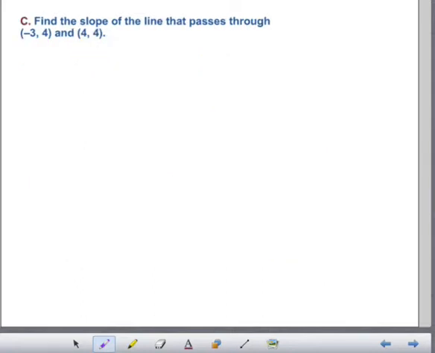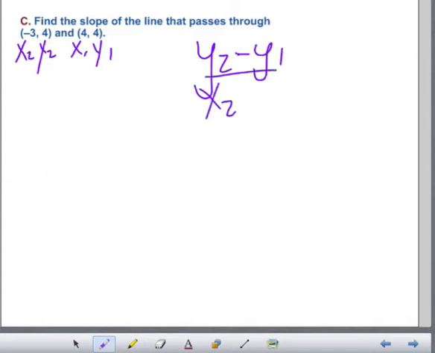All right, look at this, another really quick example here. Same thing. Here's what I want to show you. If I do this one, x2, y2, x1, y1, plugging those into my formula, y2 minus y1 over x2 minus x1. I promise if you'll write this down every time, you're not going to have to memorize it the night before the test because you're going to know it.